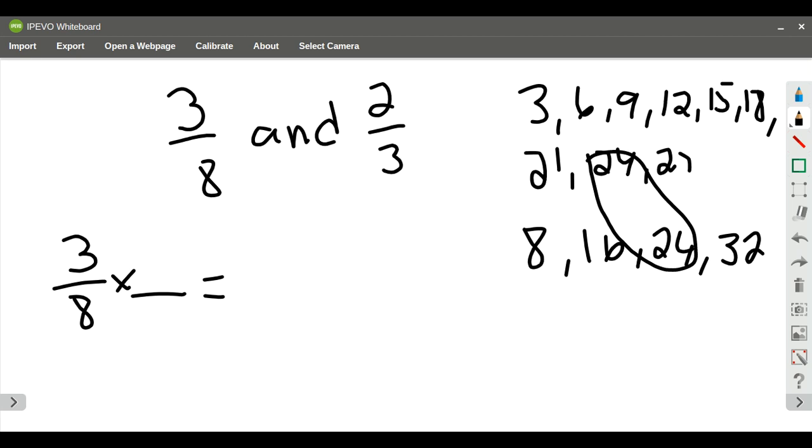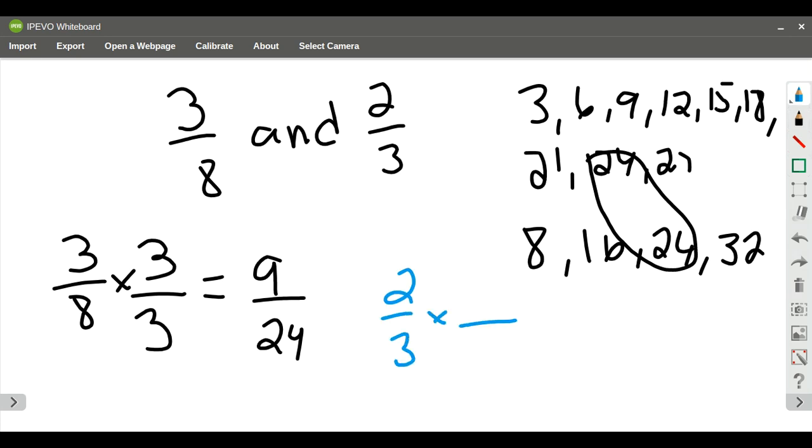So 3/8, to get to 24, I multiply 8 times 3. If you're not sure how many times to multiply 8, you just count 1, 2, 3. And whatever I do to the denominator, I have to do to the numerator. So now it's going to be 3 times 3, which is 9/24. Okay. 2/3, same thing.